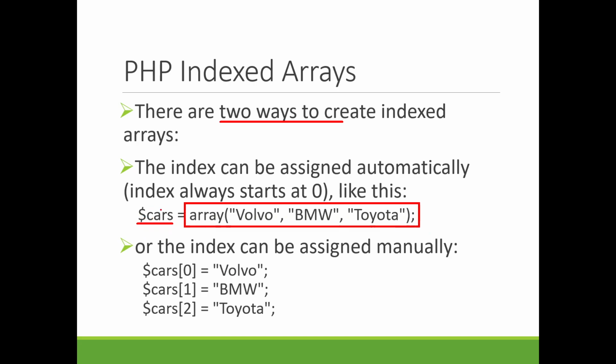The other way is that instead of creating this variable like this, you now add the square brackets after the name of the variable or array. Then you specify the position or the index. So position 0, you want to store this value. Position 1, you want to store this value. Position 2, you want to store this value. Like that.